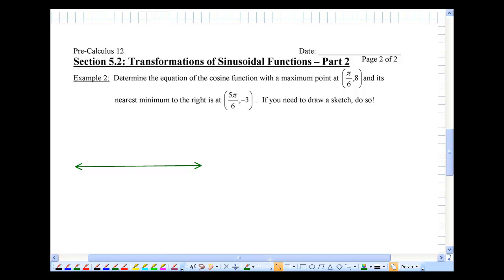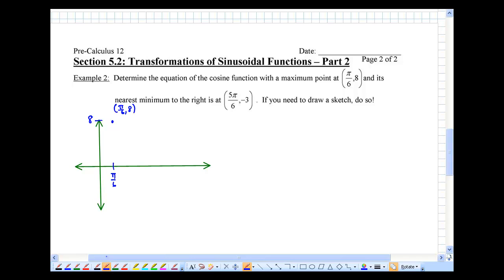Okay. Let's make it nice. A maximum point of pi over 6, 8. So I don't really know what that is, but let's just pretend this is pi over 6. Let's pretend this point here is 8. So this is my max, pi over 6, 8.